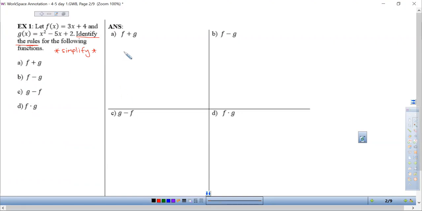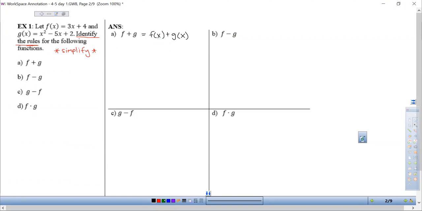If I have something that says f plus g, remember that means they want us to take f of x and g of x and add them together. When I'm adding, I'm really just combining like terms.